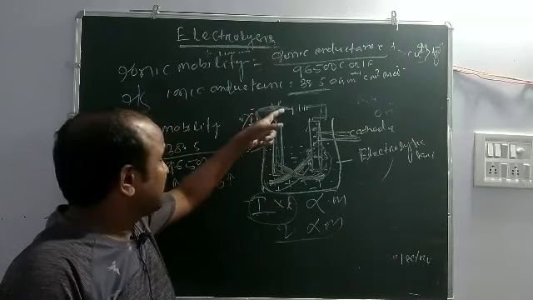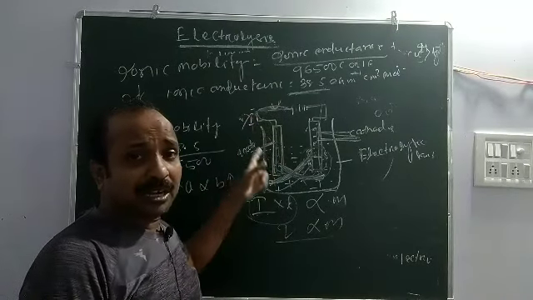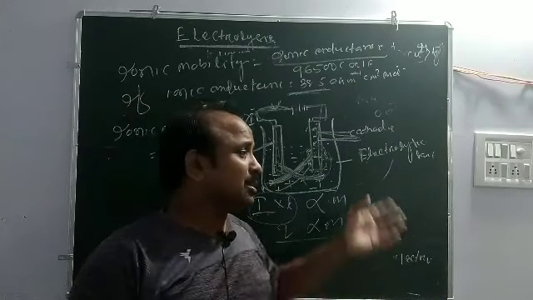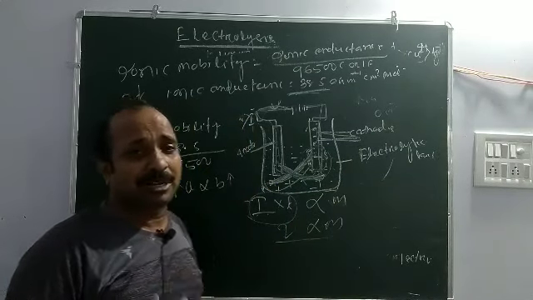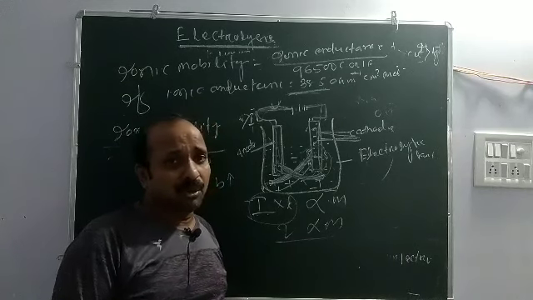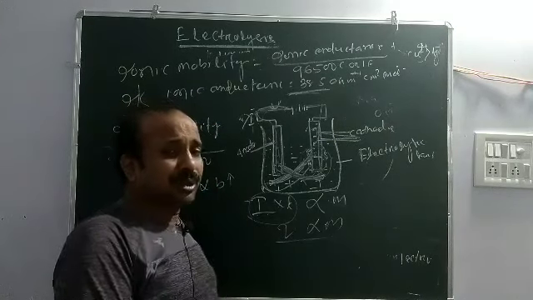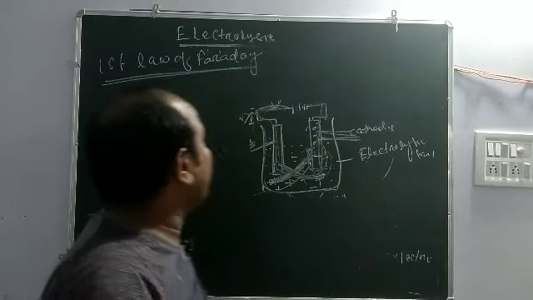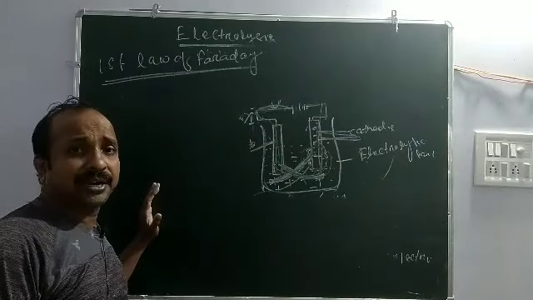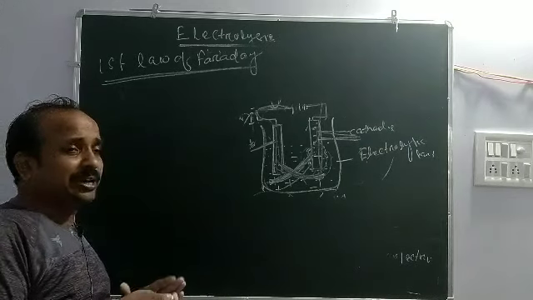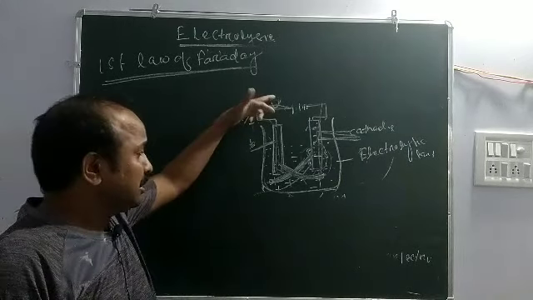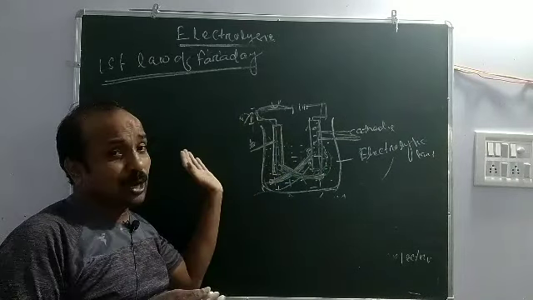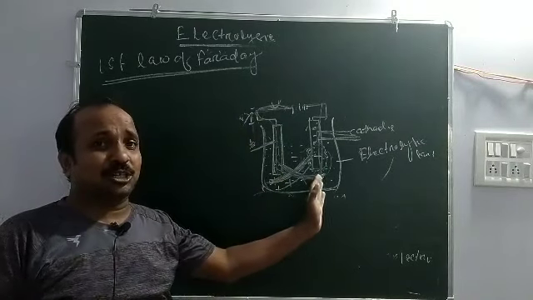You observe that when the current flows through the solution, and the current is increased more and more, the mass of substance deposited and liberated is more and more. Okay, then you write the first law of Faraday. The mass of substance deposited or liberated depends upon the electricity passed through the solution.